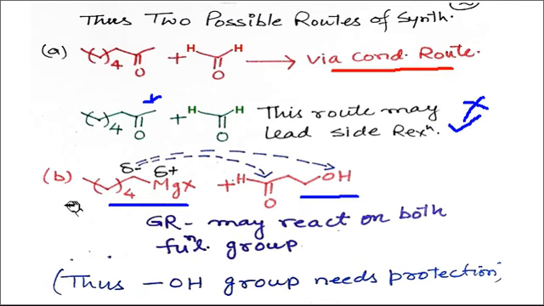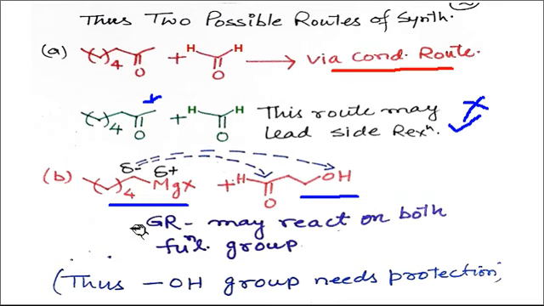We know that the Grignard reagent has affinity towards the alcoholic proton as well as the electrophilic carbon of the carbonyl. Therefore, this Grignard reagent may react with both functional groups. Thus, we will face a chemoselectivity issue in this example.